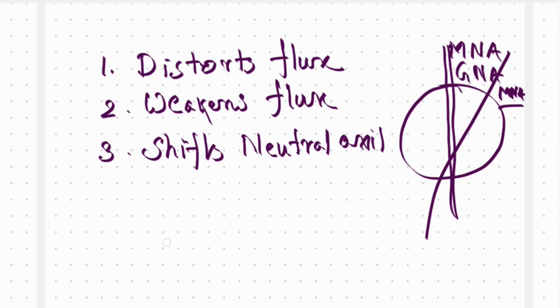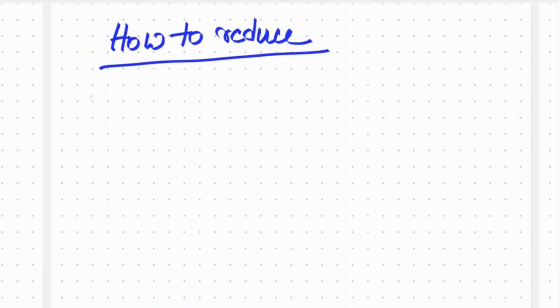Now we'll see how to reduce this armature reaction. There are three processes. One is interpoles: by introducing some interpoles in between the main poles, we can eliminate the effect of armature reaction.